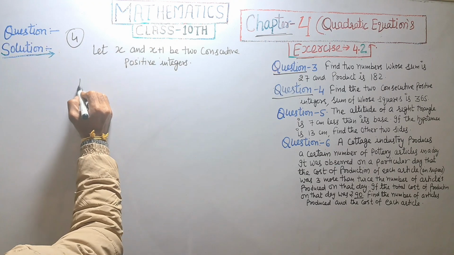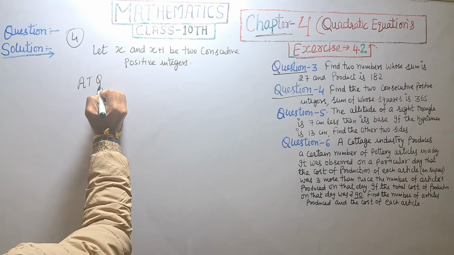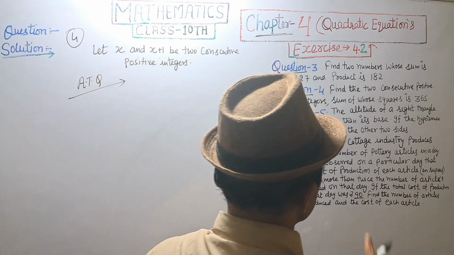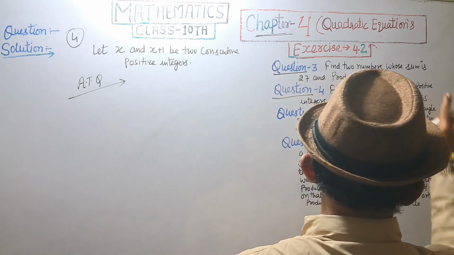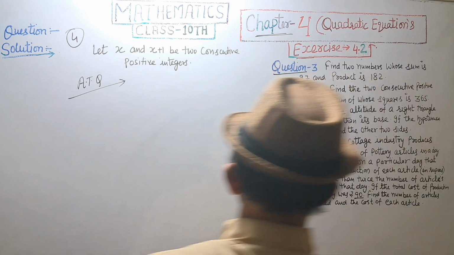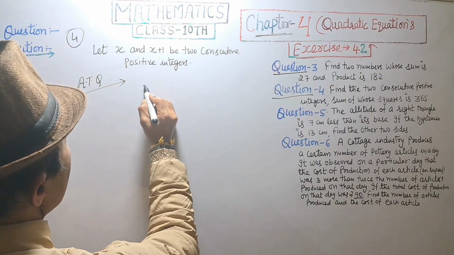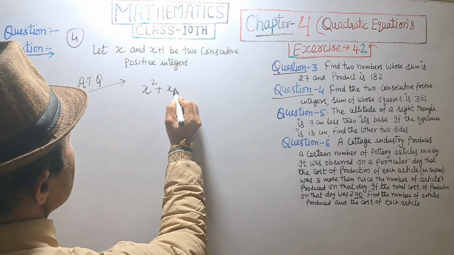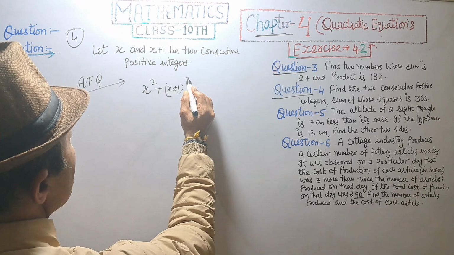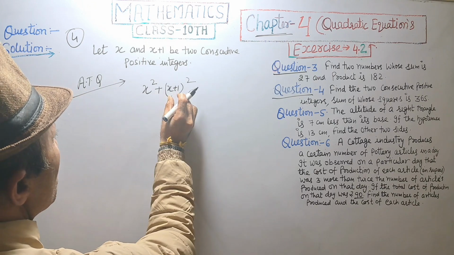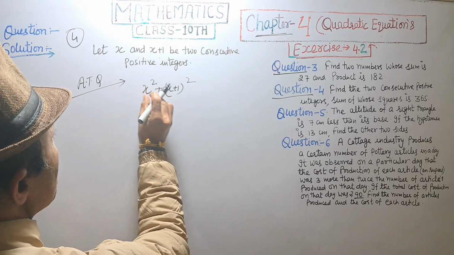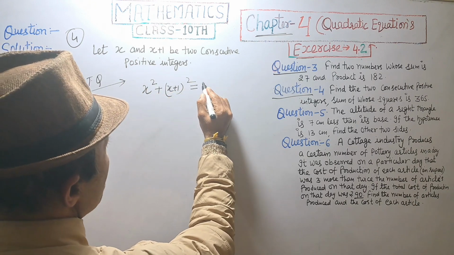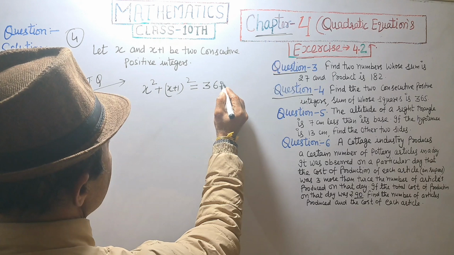According to the question, the sum of whose squares is equal to 365. x square plus x plus 1 square is equal to 365.